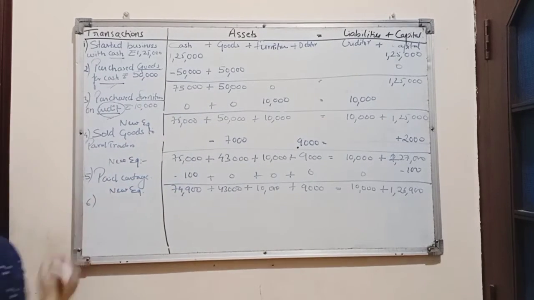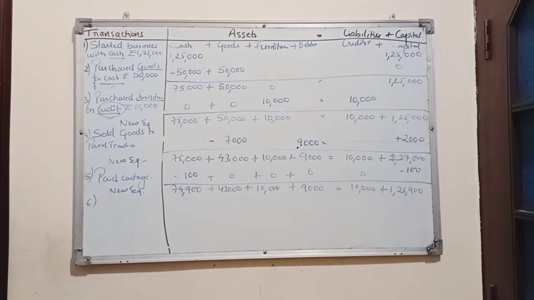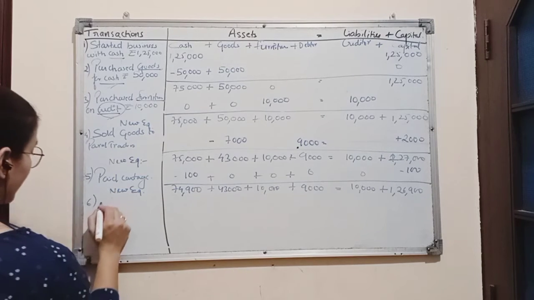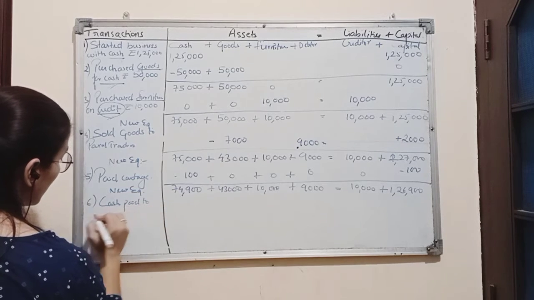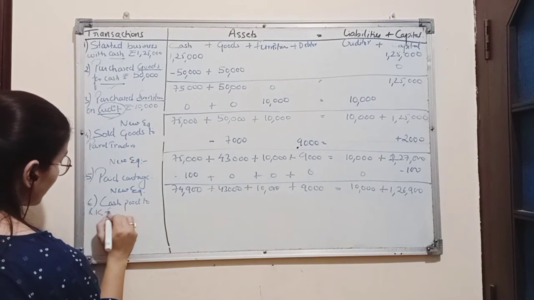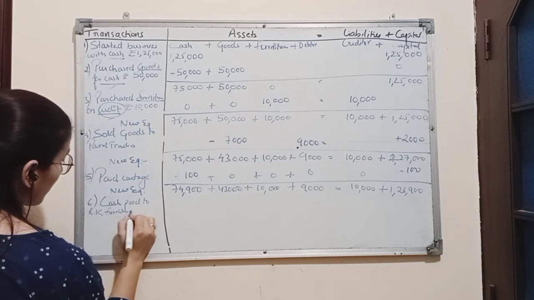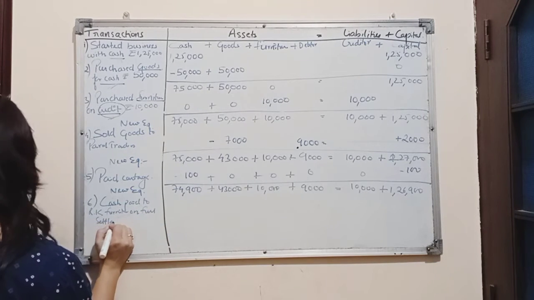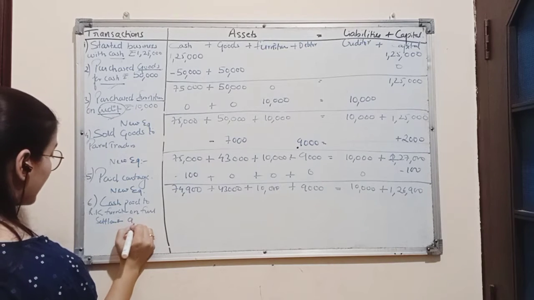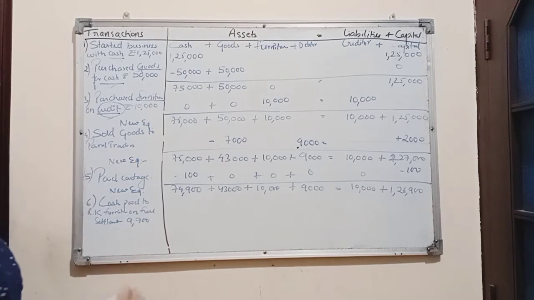Now next transaction is cash paid to RK Furniture on full settlement. Amount is 9,700.